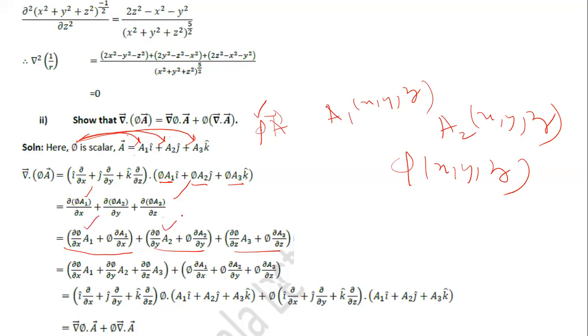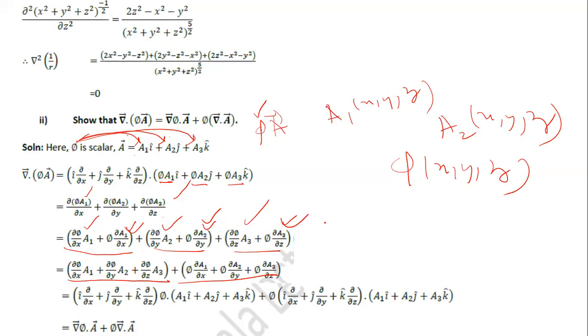And you combine this term and this term over here. So what you have here is a product of two vectors.